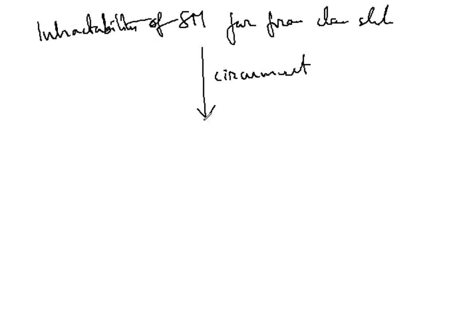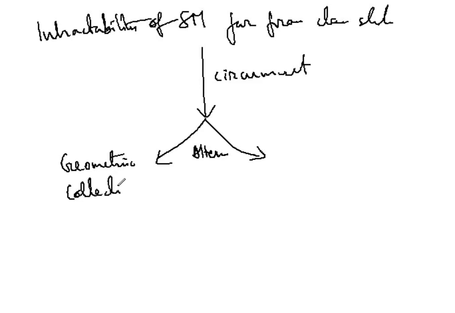Now basically there are two alternatives. What are the alternatives? One of the alternatives is the geometric collective model.